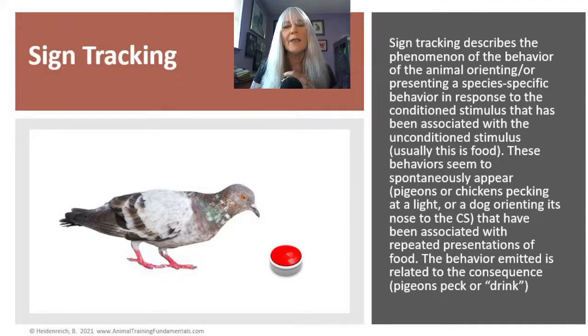I think this is significant for us in the animal training world, because I do think we see animals do things like this in our training. I've had situations where an animal, quote, spontaneously presents a behavior related to an object, and it's like, whoa, how did they figure that out so fast, when I didn't really go through the approximations.